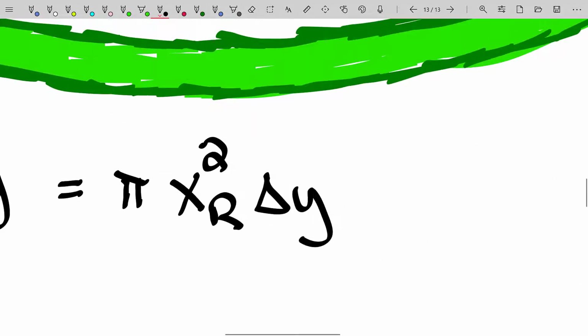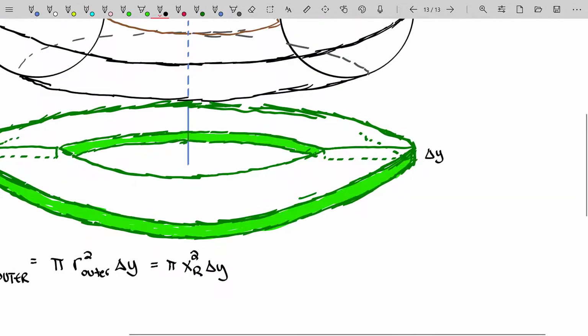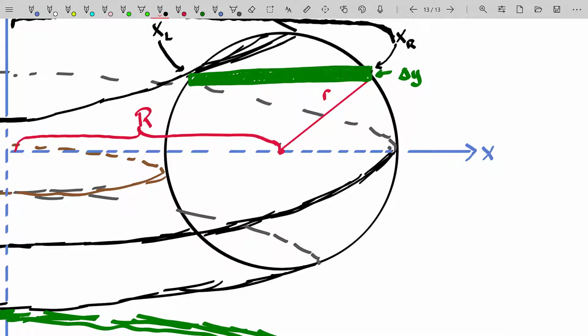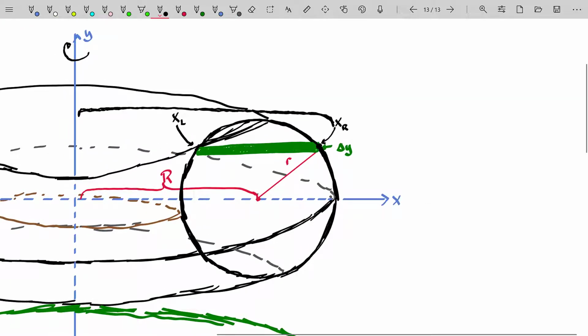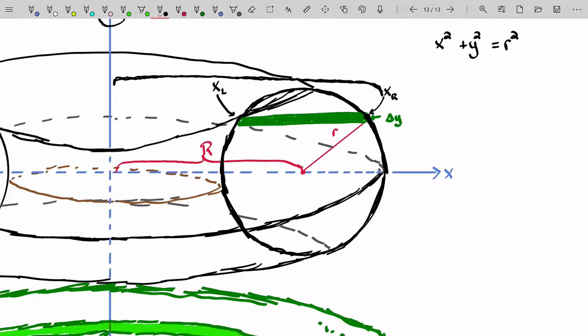So let's go ahead and see if there's a formula relating x and y for this edge right here. In fact, this entire edge right here. The formula that relates x to y along the edge of this circle is, well, I hope you guessed it, the formula for the equation of a circle of radius little r. And we happen to know the equation of a circle of radius little r is something like x squared plus y squared is equal to little r squared, with the exception that this circle is not sitting at the origin.